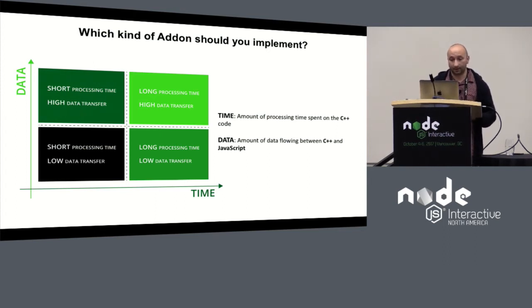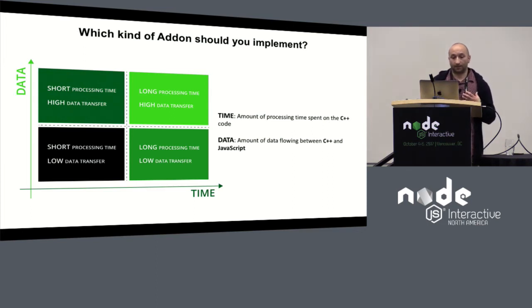In this case, the JavaScript code returns immediately, but just before, we pass our data to a worker thread managed by libuv, and all the computation will happen out of our event loop.